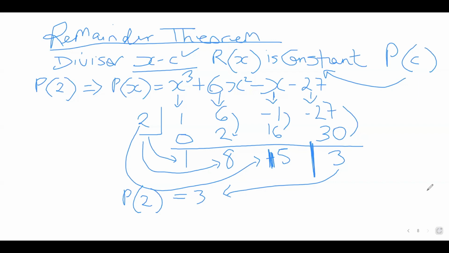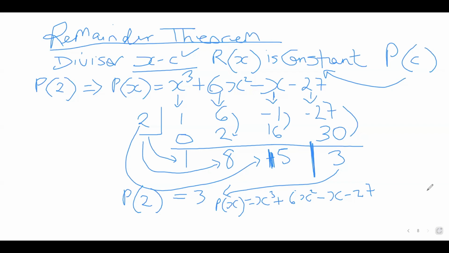And if we want to do a check, there's a way to check it. So p(x), where x cubed plus 6x squared minus x minus 27.